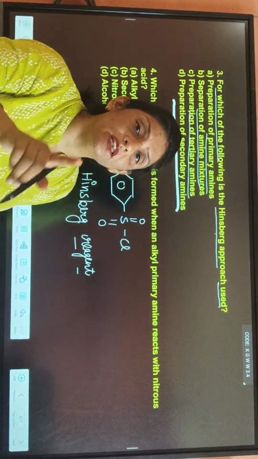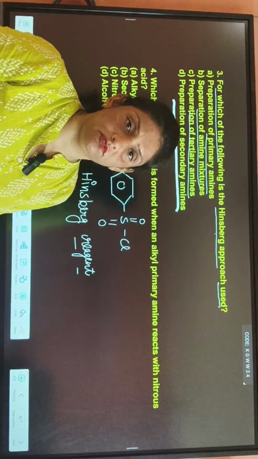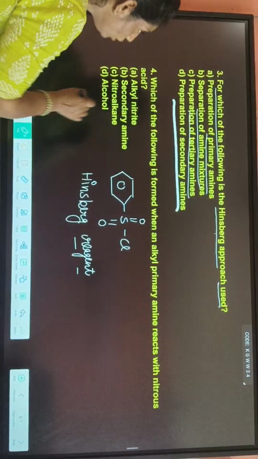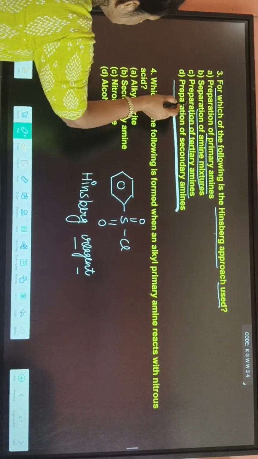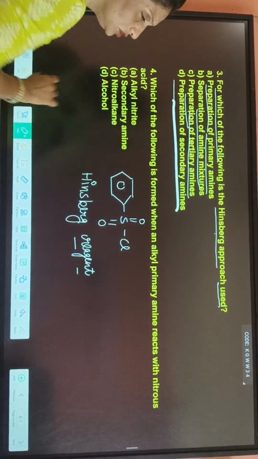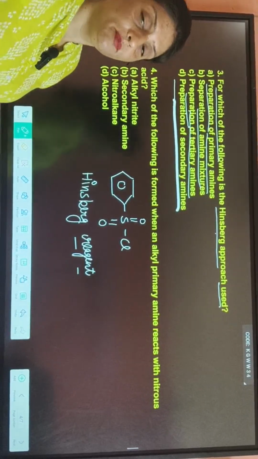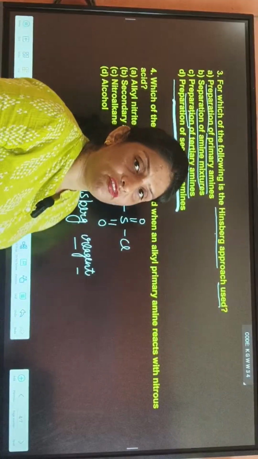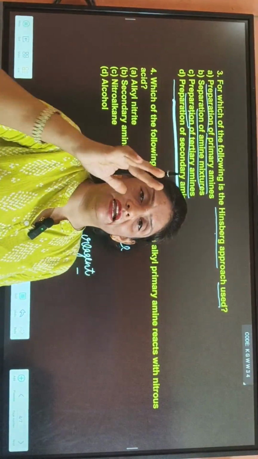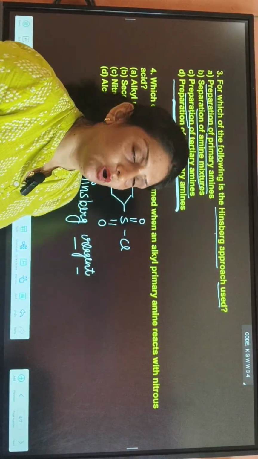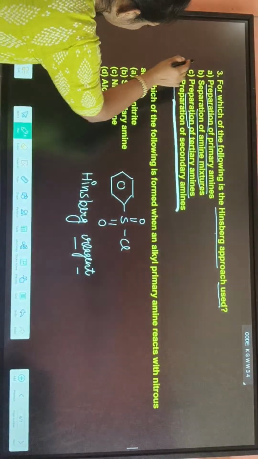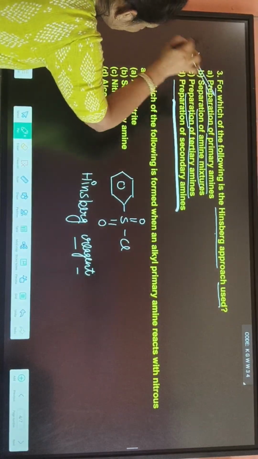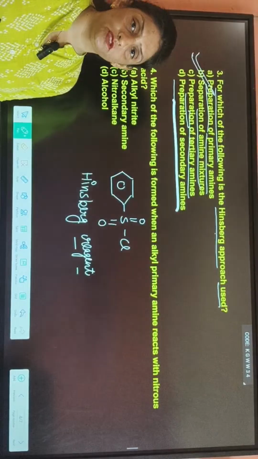It is a chemical property of amines. So you can't go with the preparation options. But it is used for the separation of primary, secondary and tertiary amines, so it is used for separation of amine mixtures. Option B will be the correct option.